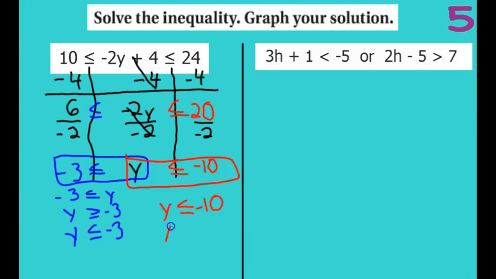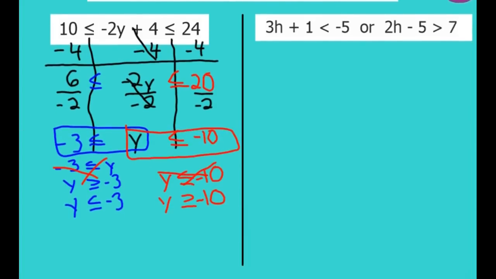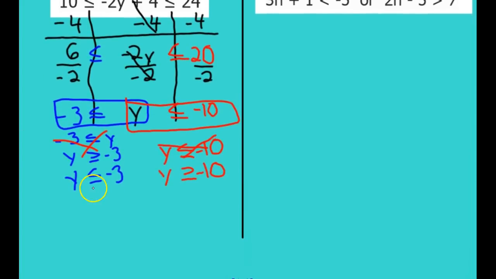And y is now going to be greater than or equal to negative 10. So we can cross these out. We don't need those anymore. We did this because we divided by a negative number, or a negative 2. And remember, the rule is when you're multiplying or dividing by a negative number, you need to flip the sign.